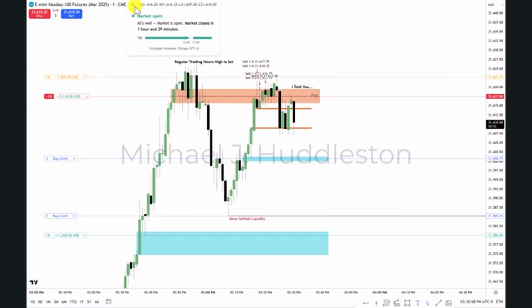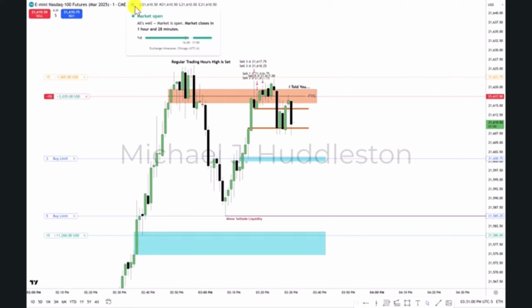I do not see that. Now, they might deliver price back up into that inversion fair value gap and bait them into taking that buy, hoping it's going to break out to a higher high. But I think they're going to do a rug pull and go down into that blue shaded area and maybe even lower. But I'm going to use the low hanging fruit objective of getting out at the high of that blue shaded area down here.